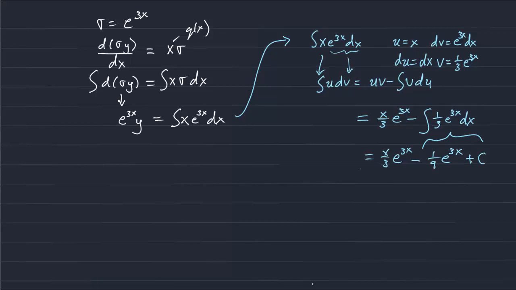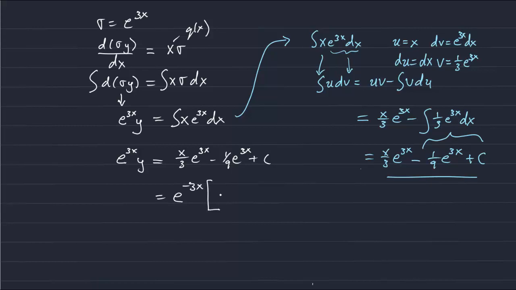And so carrying this solution back to our task of solving for y, we have e to the 3x times y is equal to x over 3 e to the 3x minus 1/9 e to the 3x plus c, and that's equal to e to the minus 3x times all of this.